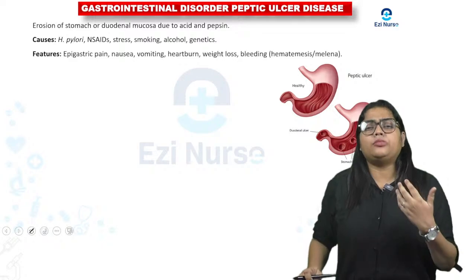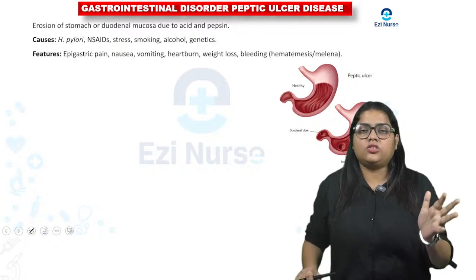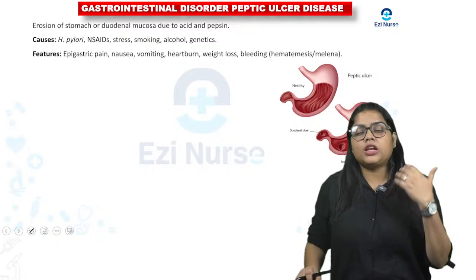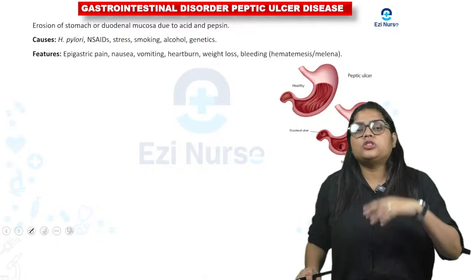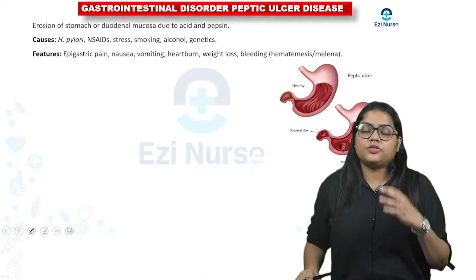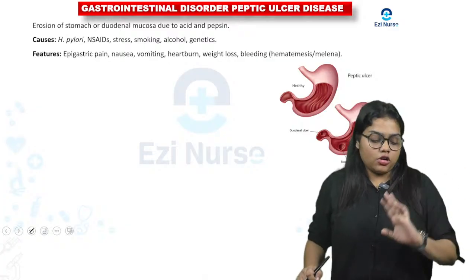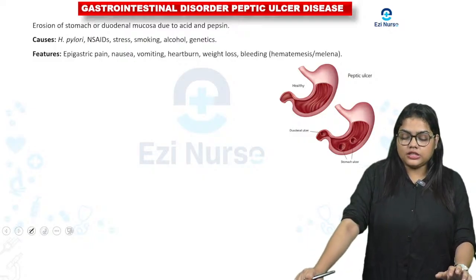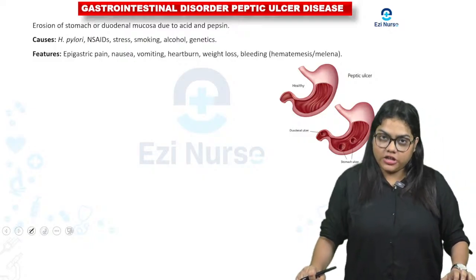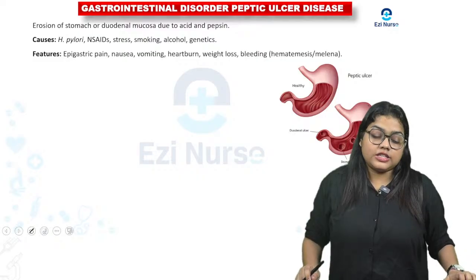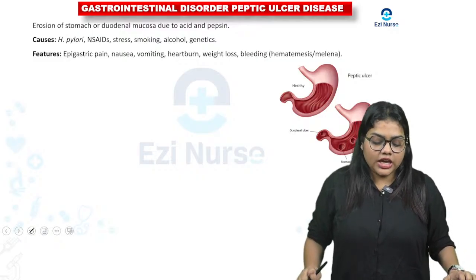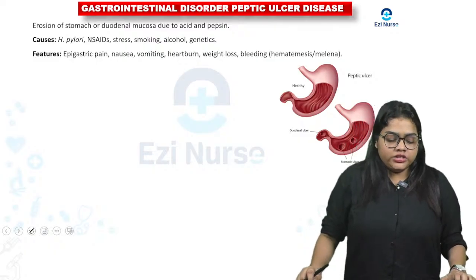It can be caused by anything, but in most cases, if the stomach is empty, continuous deposit of HCl in one place without any food can cause peptic ulcer. The main causes other than that are H. pylori infection, non-steroidal anti-inflammatory drugs, stress, smoking, alcohol, and old age.